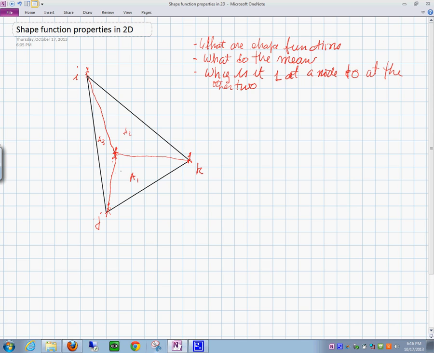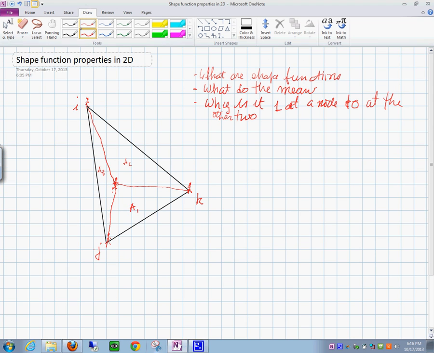What happens to the other two areas? We are going to establish very clearly the ratio of the area A1 divided by A. This is the shape function.